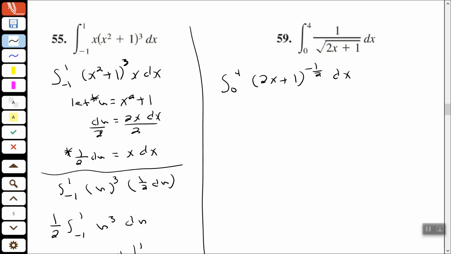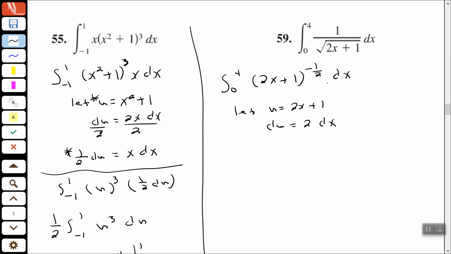Because I have that exponent out here, let's try u du substitution. Let u equal 2x plus 1 and du equals 2 dx.